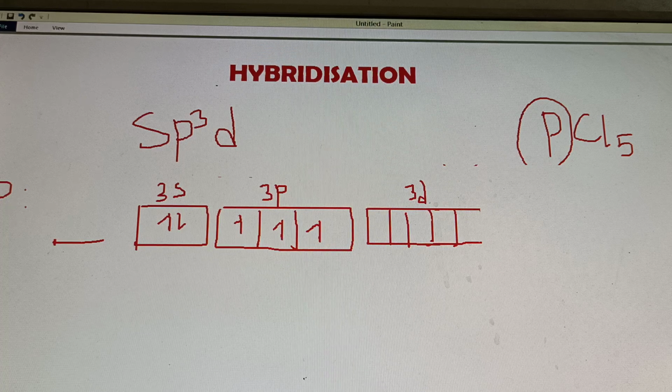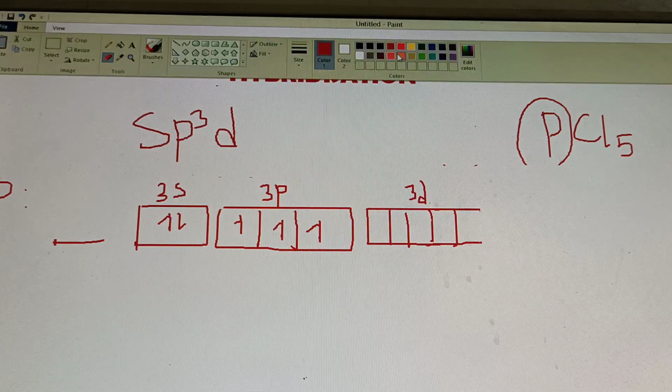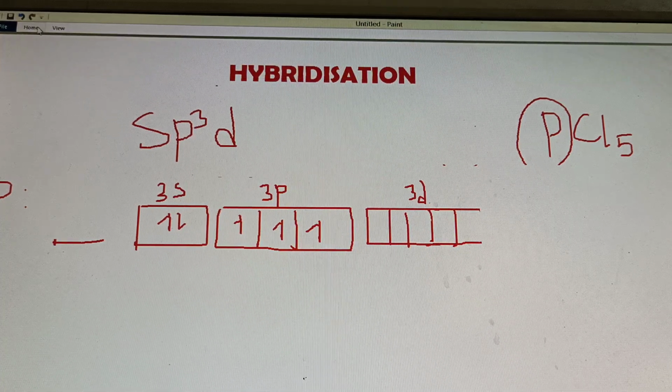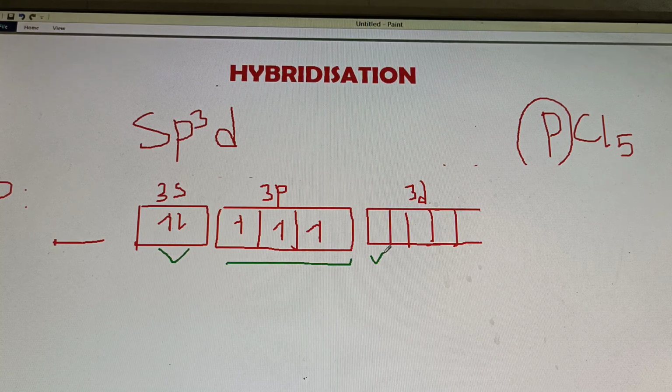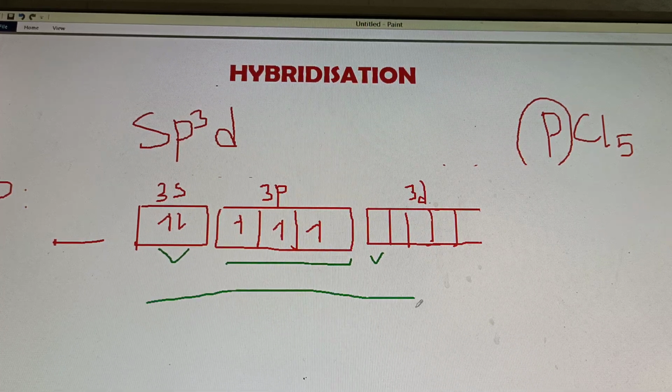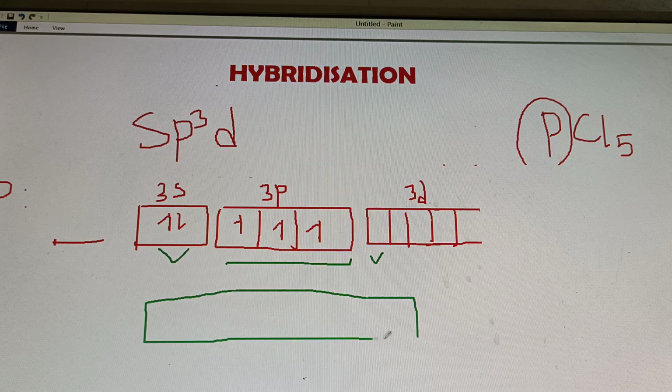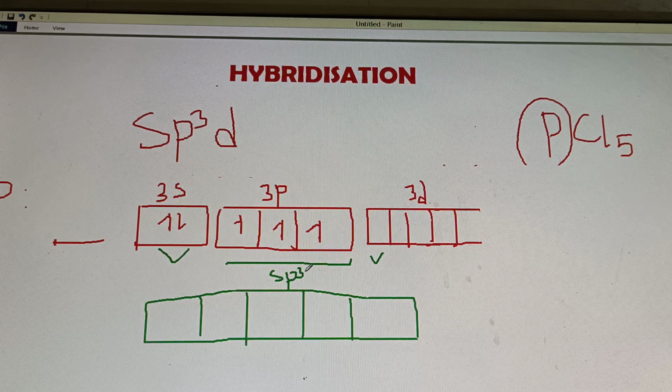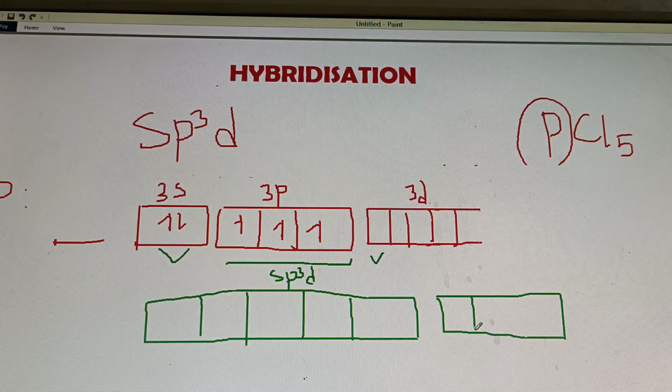So here intermixing will occur: 1 s, 3 p and 1 d, to give 1, 2, 3, 4, 5 sp3d hybrid orbitals. The other d orbital, that is 4d, will not participate.